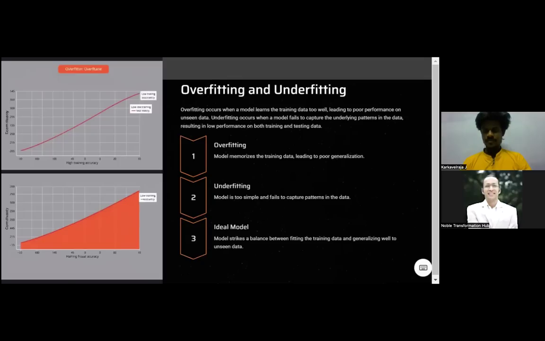Otherwise, if it is biased because of overfitting or underfitting, it is not generalizing properly or capturing the patterns in the data properly. It will not give us the right performance, the business will fail, the model will fail, and the question will come to the data scientist: what kind of insights have you given? That is why these concepts and techniques are very, very important.